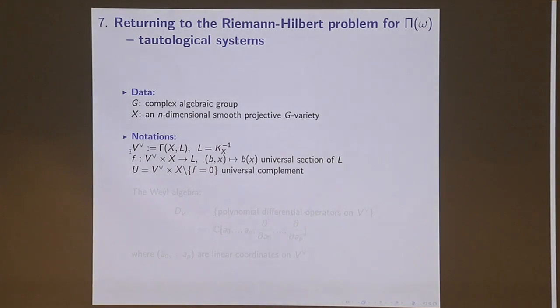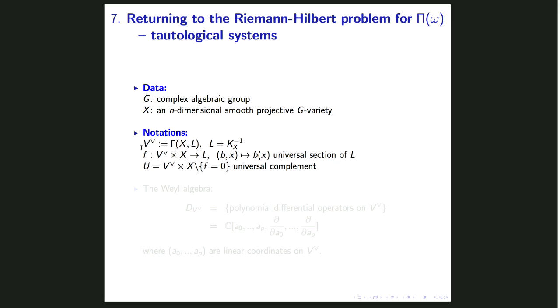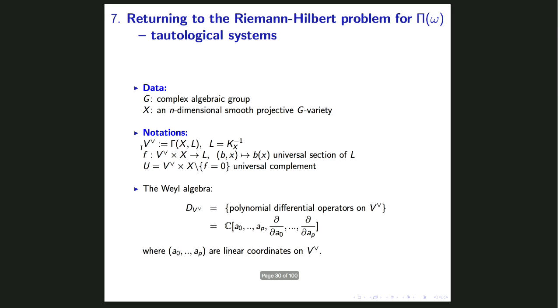Okay. Notation. Let V check be the space of sections of the anti-canonical bundle, and let F be the so-called universal section. This is a bundle-valued function which captures every single section at each point. Let U be the universal complement, namely the complement of the zero set of the universal section in V check cross X. And I introduce the Weyl algebra, which I call D_V check, on the affine space V check.